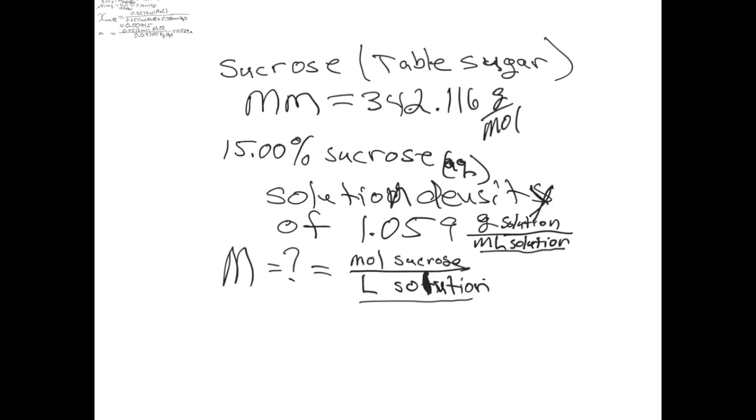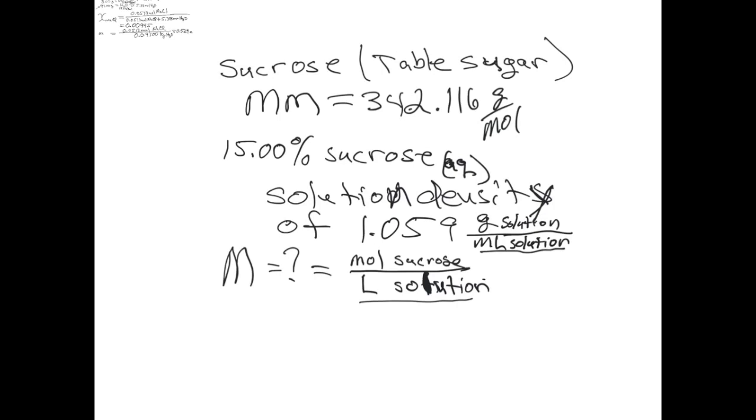Because you probably understand that the density of a solution, if you have a 1.059 gram per milliliter density, that would be the same density whether you had 100 milliliters, 1,000 milliliters, 1 million milliliters. It wouldn't make a difference because they all have the same density. Doesn't matter what the volume is. The density is always going to be the same.